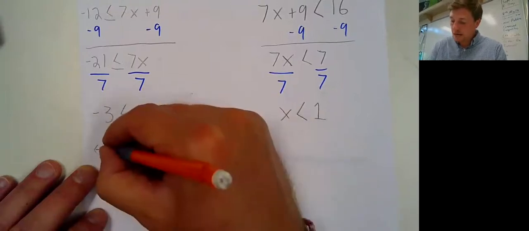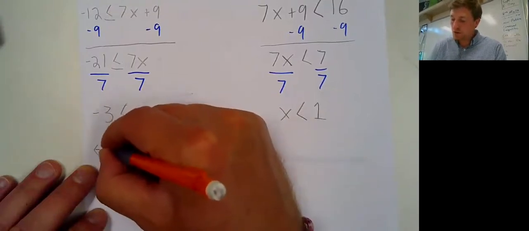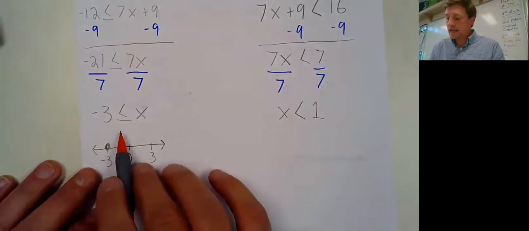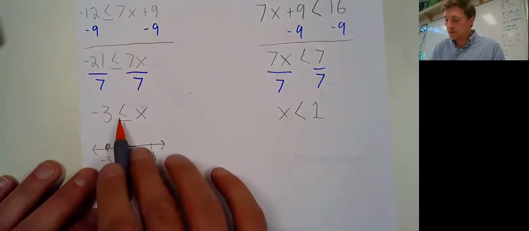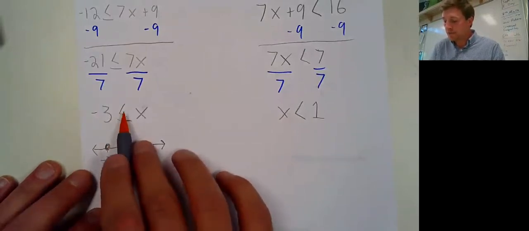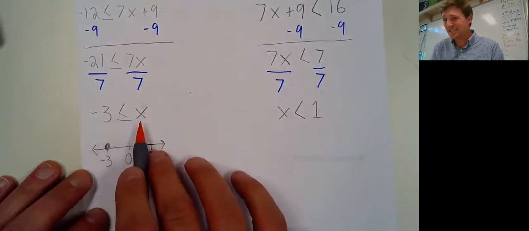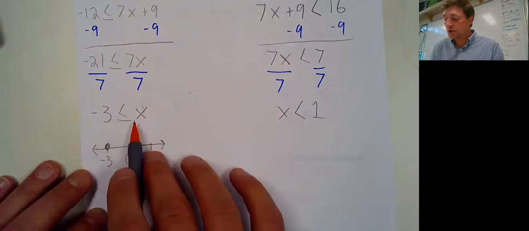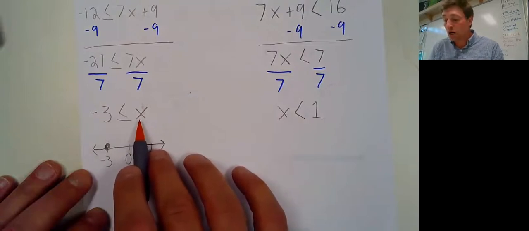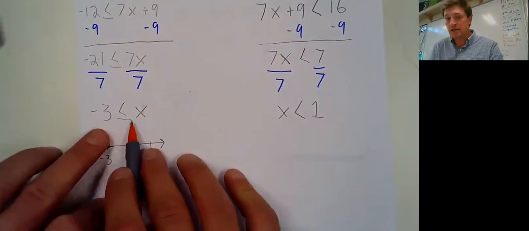Here's my -3. I'm going to draw a closed circle. And again, just be careful here because normally we've been just going down the number line because that's where it's pointing, but that doesn't work in this case because the x is on the other side. So really we need x to be bigger than -3. That's what this sign says.